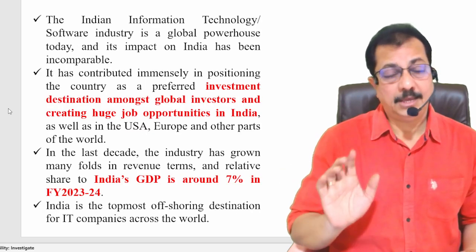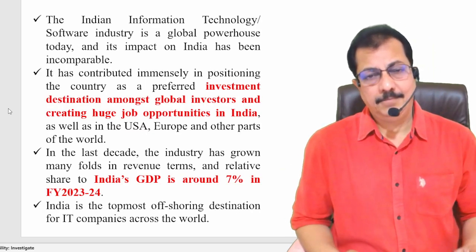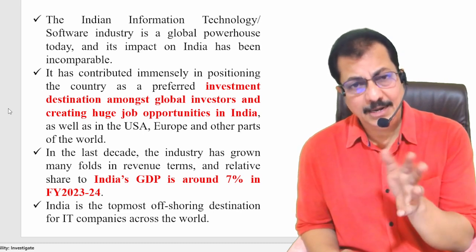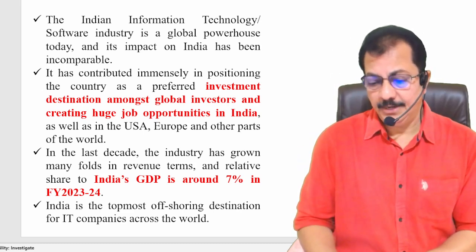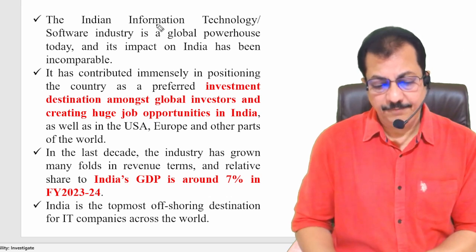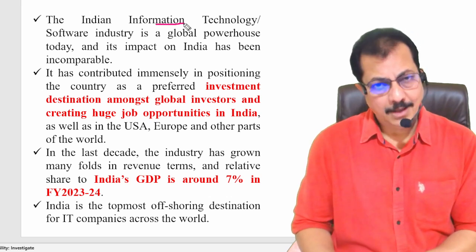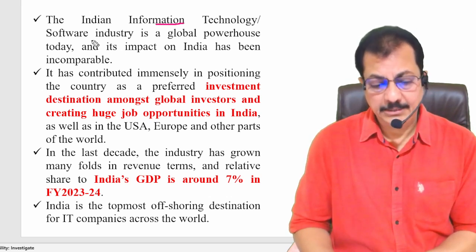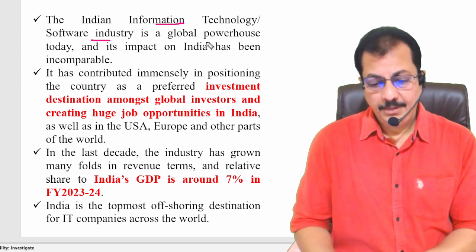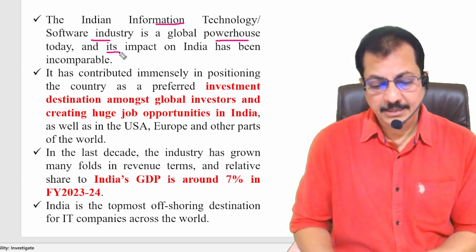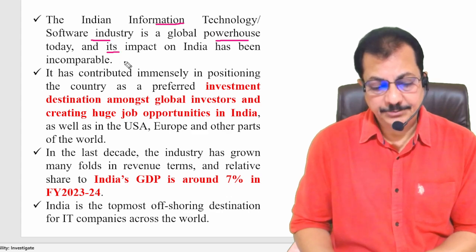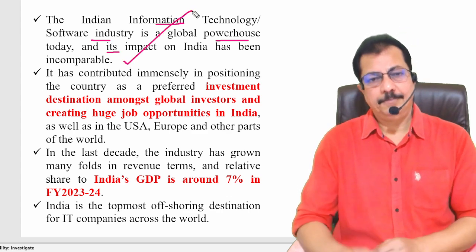Certain points I have highlighted, and I have given a different color. Please note down these points. So Indian information technology, or the Indian software industry, is a global powerhouse today, and its impact on India has been incomparable. Right, my dear friends?